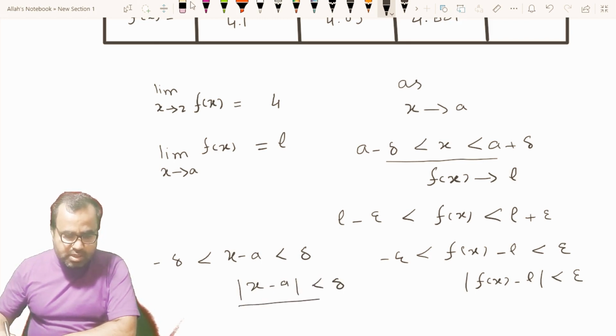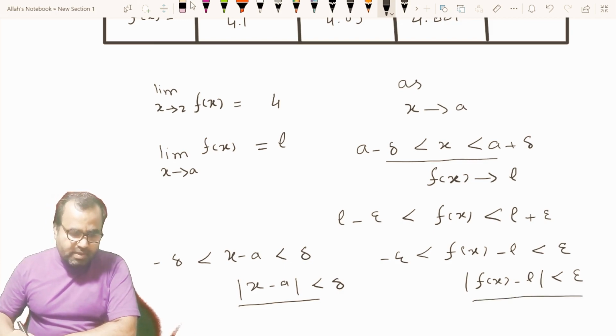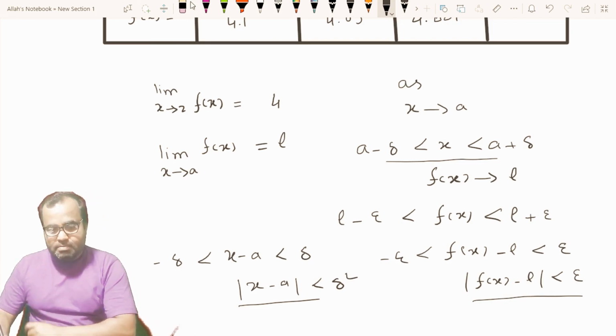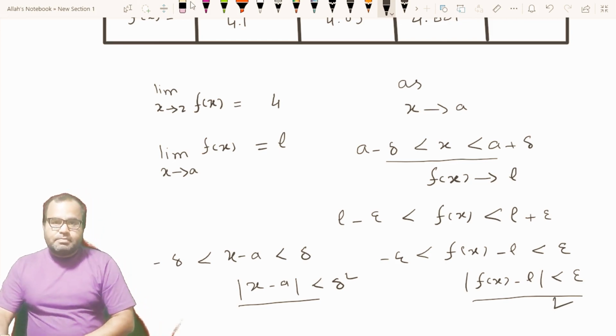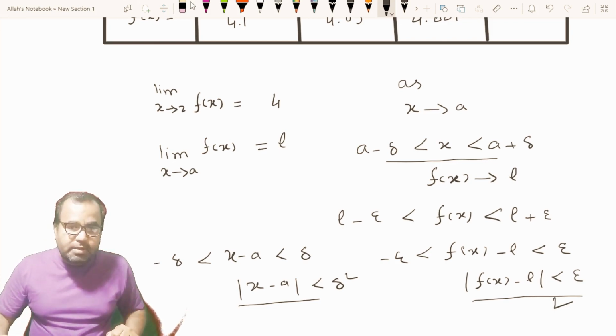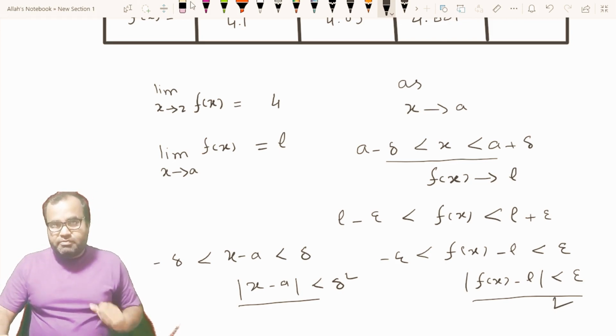So these two conditions: when the absolute value of x minus a is less than delta, then the absolute value of f of x minus L is less than epsilon. This is the epsilon delta definition of the limit of a function.